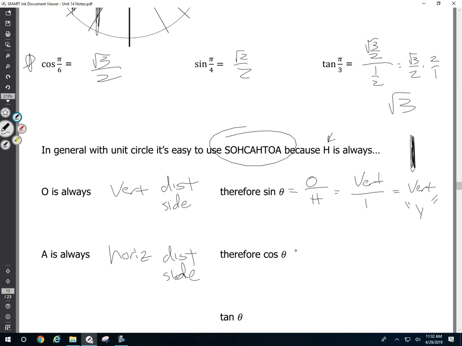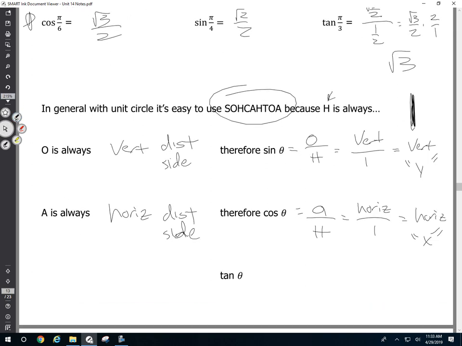Cosine of an angle is always going to be the adjacent side over the hypotenuse, which always ends up being the horizontal distance over 1, or just the horizontal distance, or the x distance. Tangent does not use an h, but opposite over adjacent, vertical over horizontal. The y distance over the x distance.